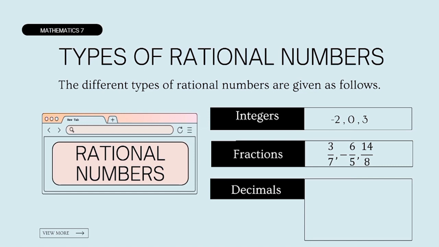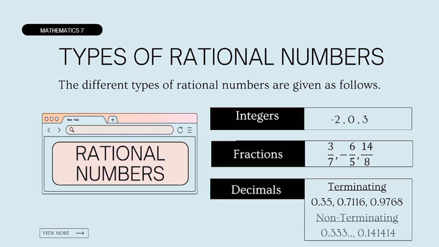Last, we have decimals. Decimal numbers that can be written as fractions. We have terminating and non-terminating decimals. When we say terminating decimal, this means that the digits after the decimal point are finite in number. It is a decimal that has an end digit like 0.35, 0.7116, 0.9768, etc. These are rational numbers.